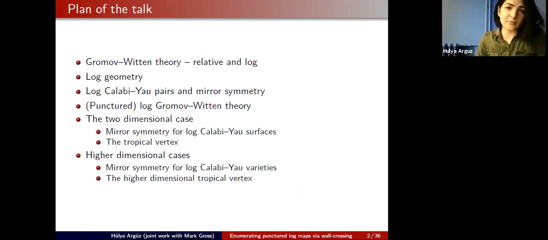And I will tell you what has been done about the tropical vertex that I will explain, and then I will explain the higher dimensional case, which we did in joint work with Mark. So I will talk about mirror symmetry for Calabi-Yau varieties of arbitrary dimension and about the higher dimensional tropical vertex.